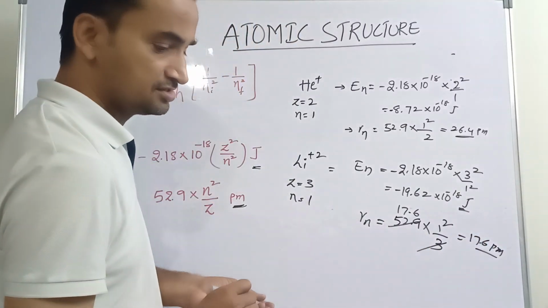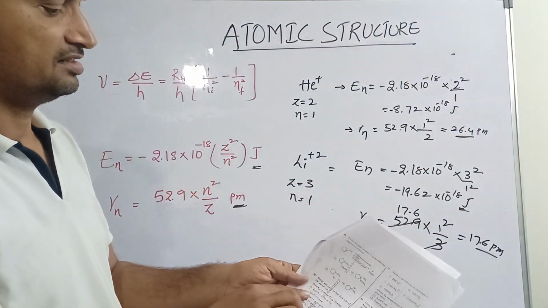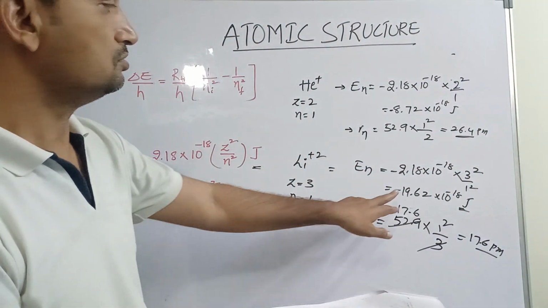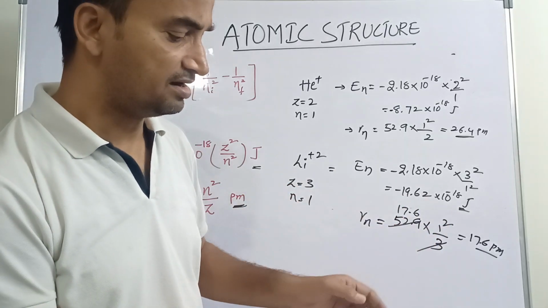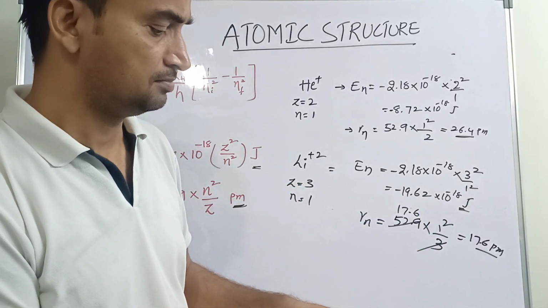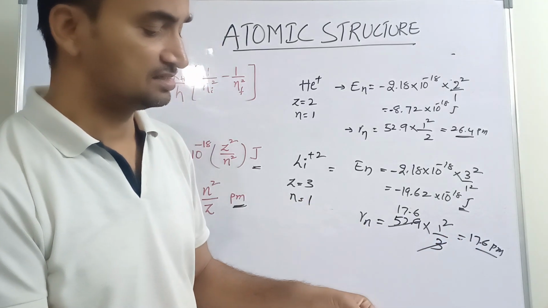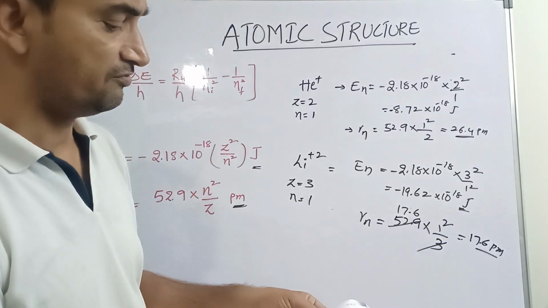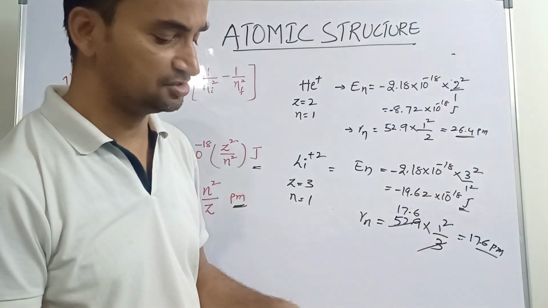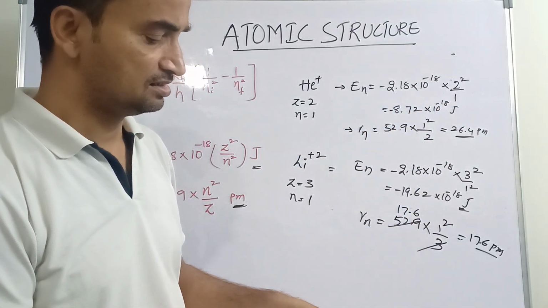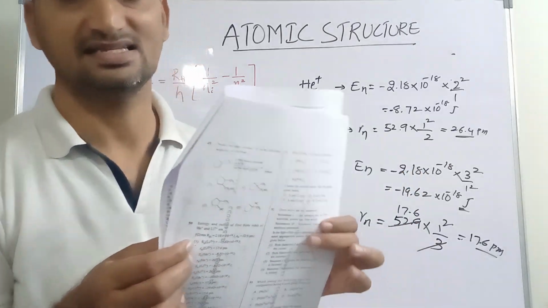So here if you see, first they have given lithium: minus 19.62 into 10 to the power of minus 18 joules, and Rn is 17.6 picometers. Next, En of helium is minus 8.72 into 10 to the power of minus 18 joules, and Rn is 26.4 picometers. So the first option is correct.